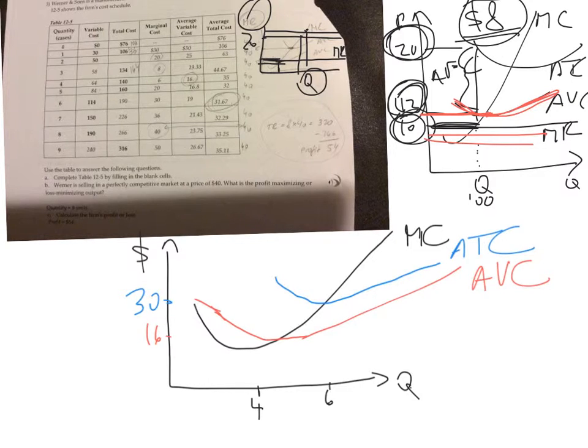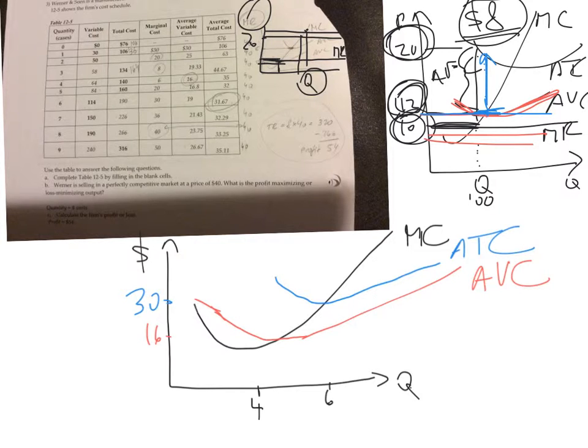So this price level is, let's say, $11. This is the lowest price in this market that you would ever stay in business. You would still be losing money because the average total cost is still higher than your average variable, but at least you would cover the variable costs. So that's the story in this picture as well.